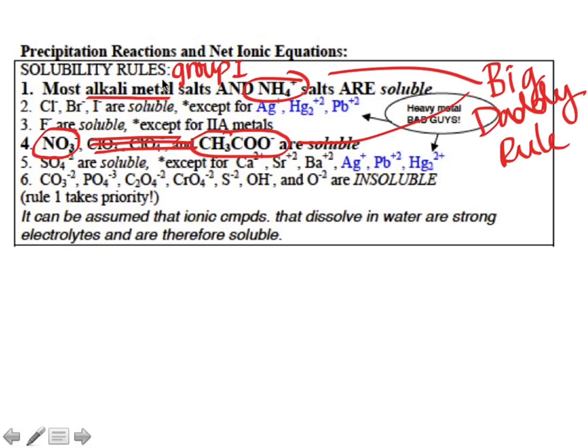You're not really going to see those. Everybody wants to get with Big Daddy, and Big Daddy's going to make you soluble. So, alkali metals, NH4, nitrate, and acetate are your Big Daddies. Anytime you see somebody hooked up with them, they're going to be soluble.